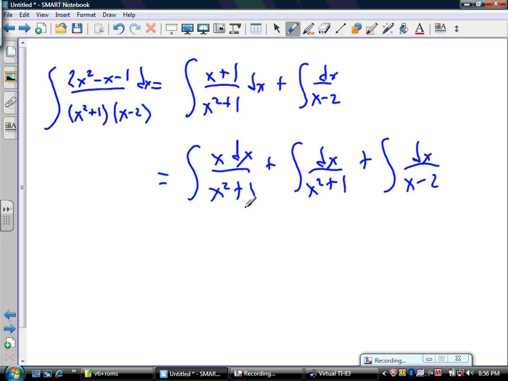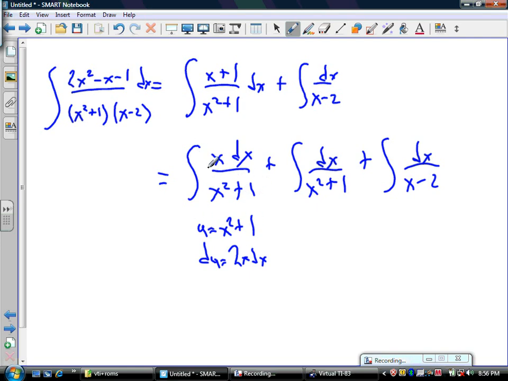How do you do this one? This is a u sub. U is? If u is x squared plus 1, du is 2x dx, right? So you're going to replace x dx with what? 1/2 du. And you're going to replace x squared plus 1 with, what is x squared plus 1?